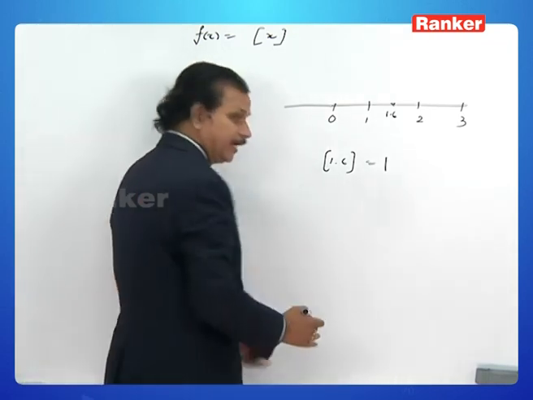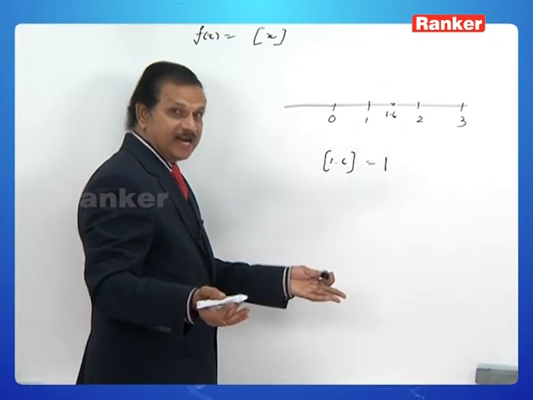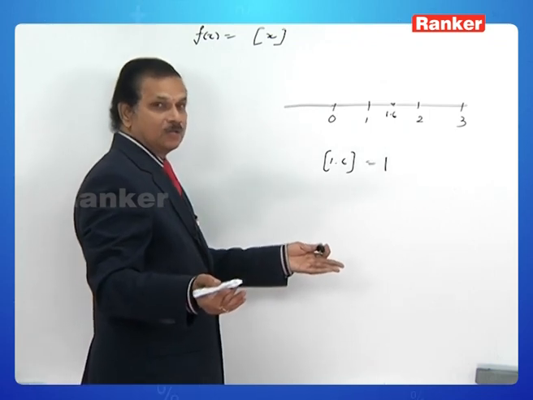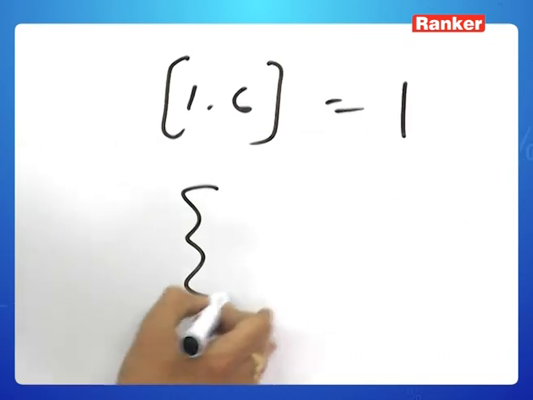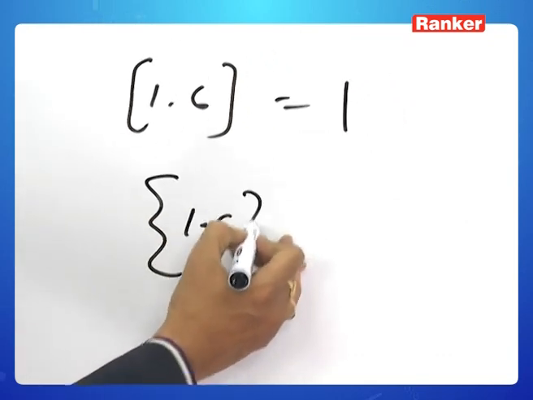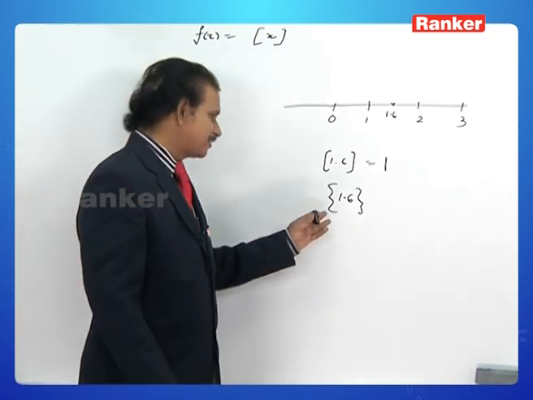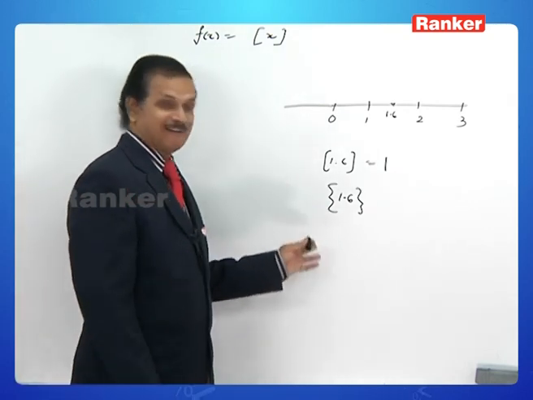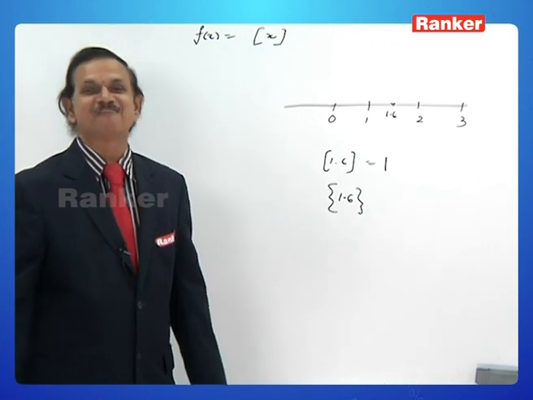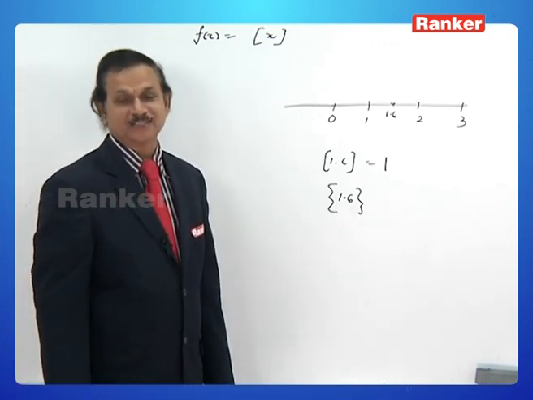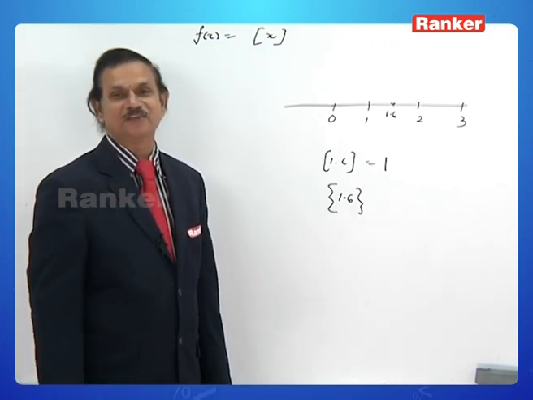There is another symbol also to represent the fractional part. What is that? You are not supposed to read this as flower bracket 1.6 or singleton 1.6. It is not the way to pronounce.